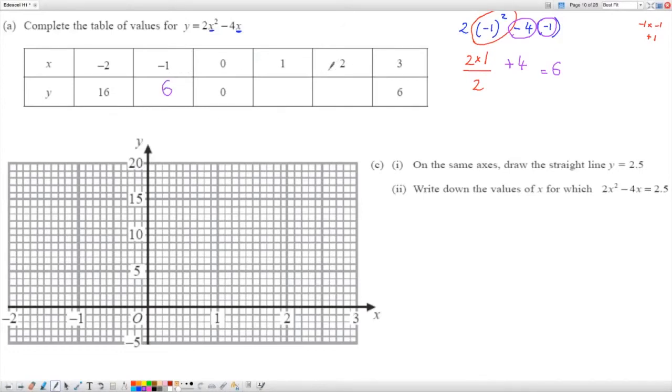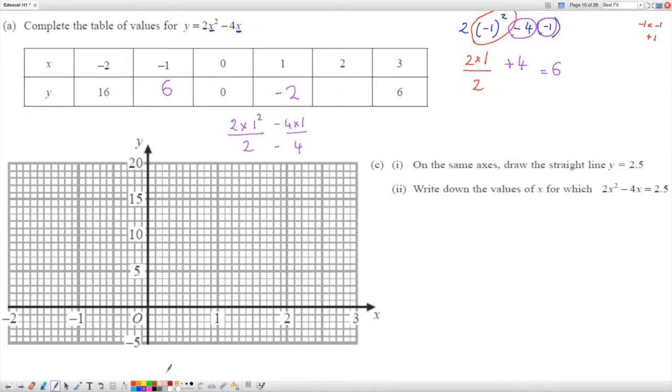Okay, less complicated now with our positive values, but still be careful with our -4 here in the middle. So replacing x by 1, we'll have 2 times 1 squared minus 4 times 1. This part is 2, this part is 4, 2 take away 4 is -2.